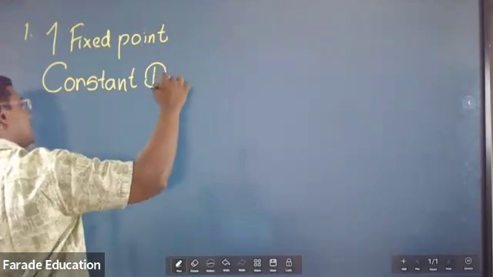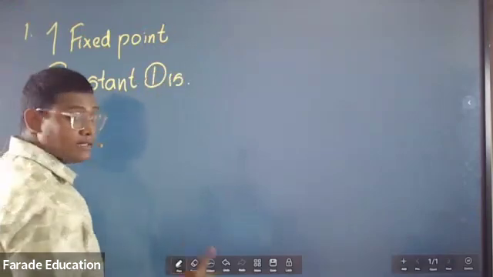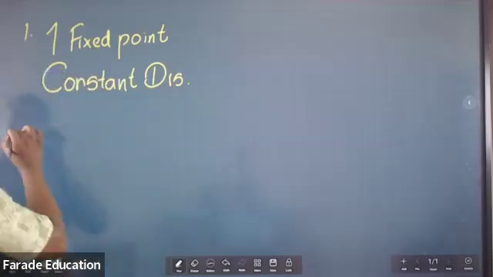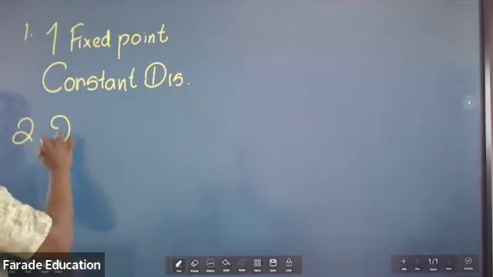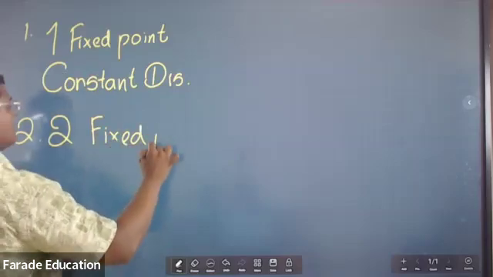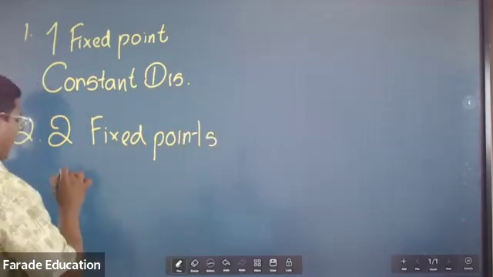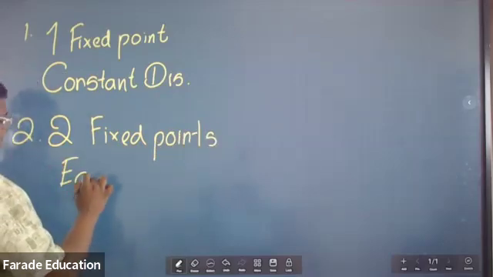That means one fixed point with the point moving at a constant distance. This is drawn by a circle. The second one is 2 fixed points, with the point traveling at equal distance.